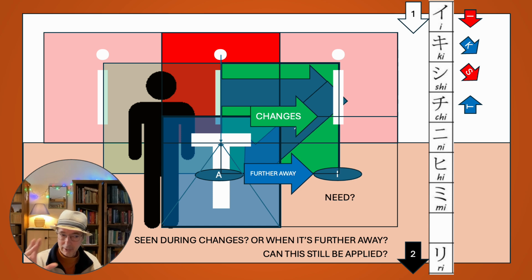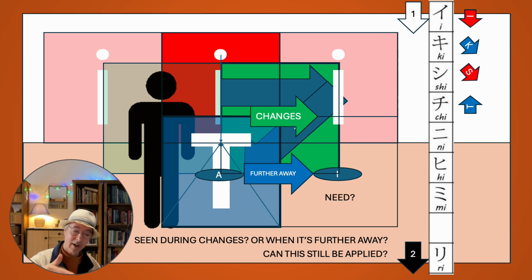The green part, so the Japanese script, is about changes, and it's about things that are a bit further away. And if we deal with T with changes as well, a bit further away, to see if this is still needed, if it's also somewhere else a bit further away, when it's not close by. It's not just our own concern, but just imagine we are also responsible for larger areas.